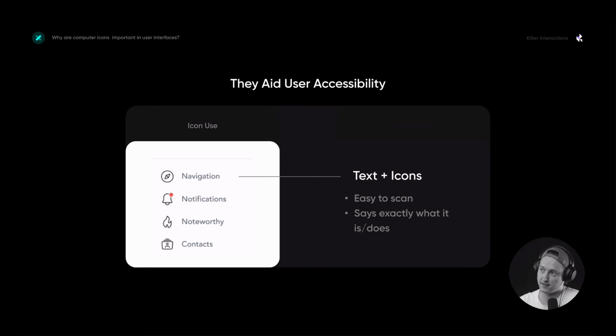And fantastically in interfaces, they aid user accessibility. So we saw the text and the icons before. So text plus icons is a great way of kind of utilizing both things, which is easy to scan, and then it says exactly what it does or is. So the fantastic user accessibility tools.